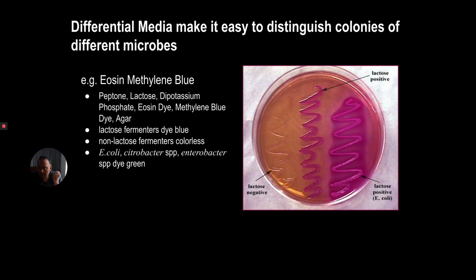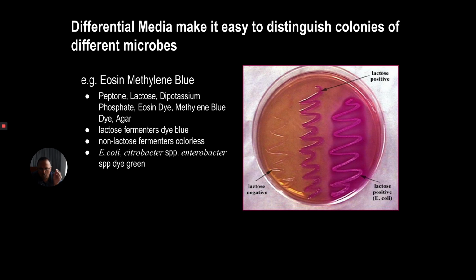EMB contains peptone, lactose, dipotassium phosphate, eosin dye, methylene blue dye, and agar. And the lactose fermenters cause the dye to change blue, whereas an organism that does not ferment lactose remains colorless. And E. coli and Citrobacter and Enterobacter species, they do a pretty amazing thing where they turn the dye green.